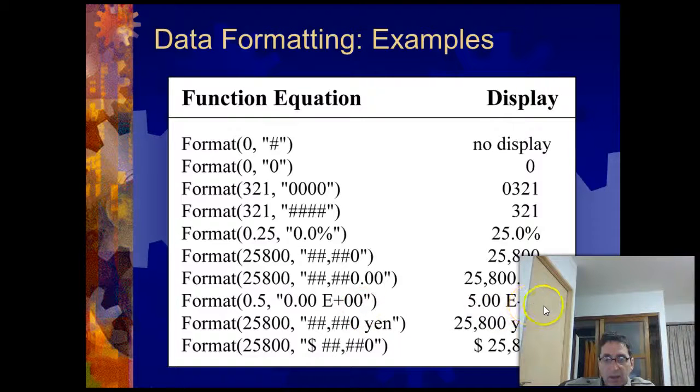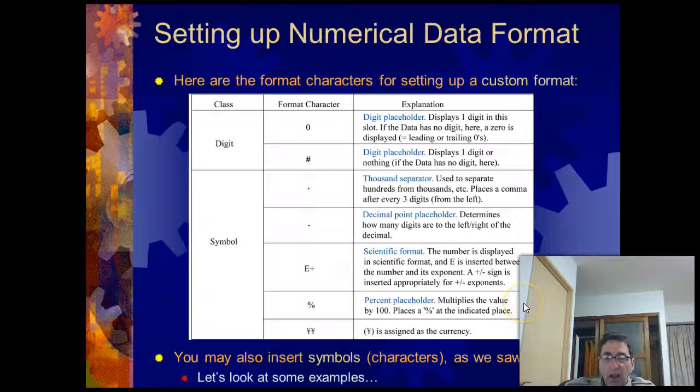So it's going to have 0, 1. If we had pound, pound, and we only had 1, then it would just say E and 1. And notice this is negative because this is only 0.5, right? So it's 10 to the negative 1. This means 10 to the negative 1, right? So we use the E plus to get that sign in there.